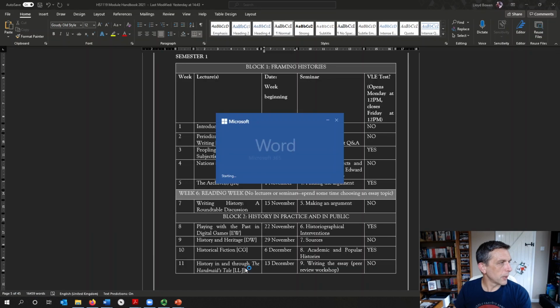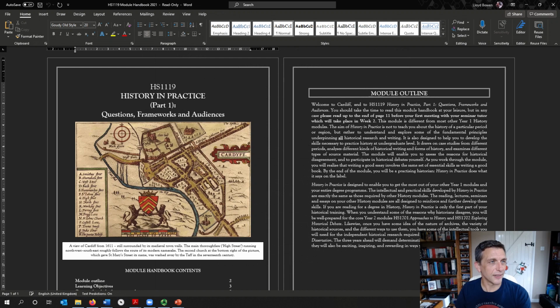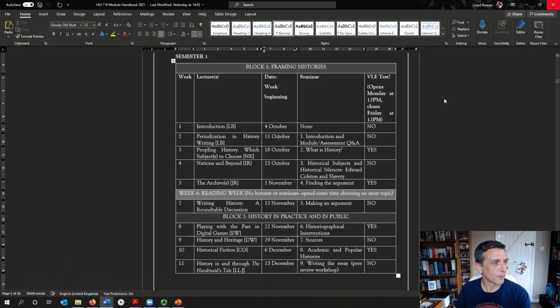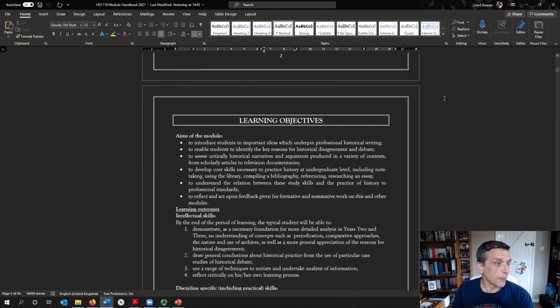And it should pop up really quickly. Only semi-quickly. I wonder if I'll be able to edit this out. Okay. So here's the handbook.